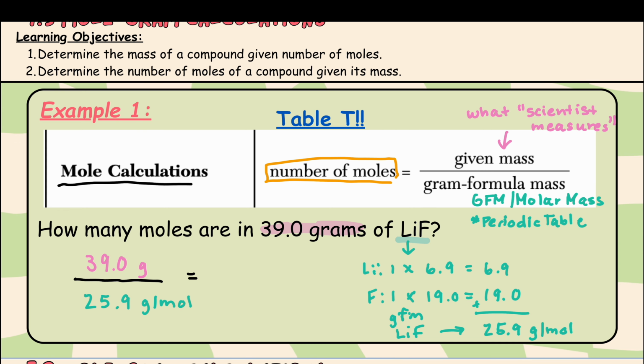So we can just plug this into our calculator, divide 39 by 25.9 to get 1 point, I'm just going to round it to 1 decimal place, to get 1.5 moles of lithium fluoride.